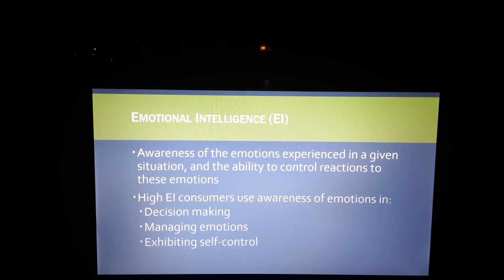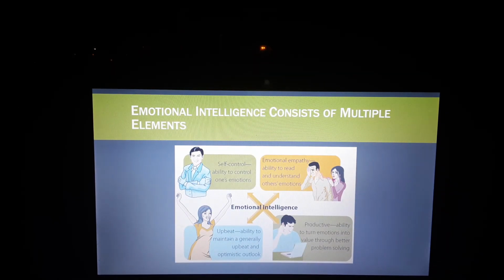So emotional intelligence is something that marketers really like, managers really like, and in management we talk about how emotional intelligence is really one of the most important characteristics of a manager and of a leader. So it also bodes well for marketing, so that people can, again, make rational decisions. So here we go.